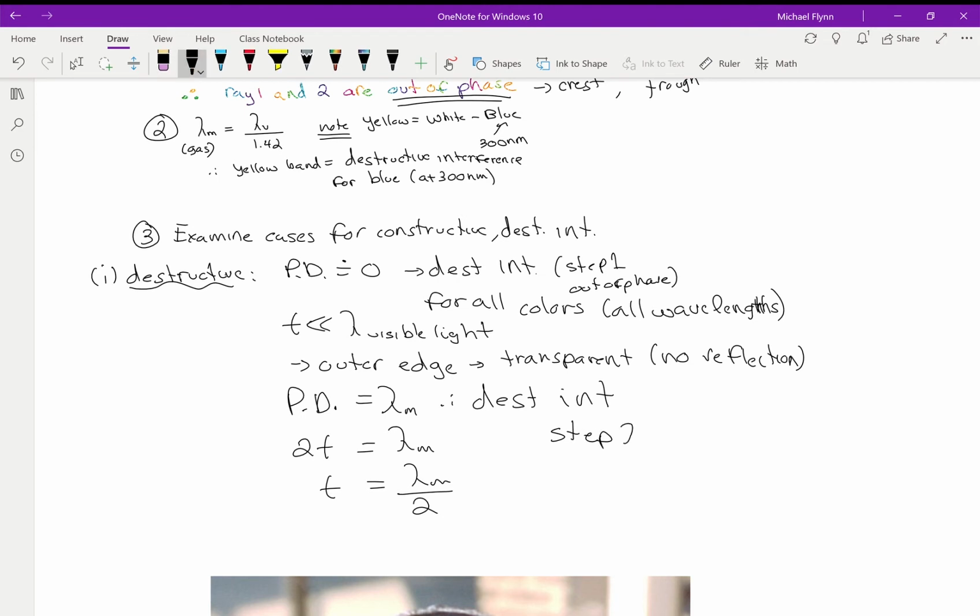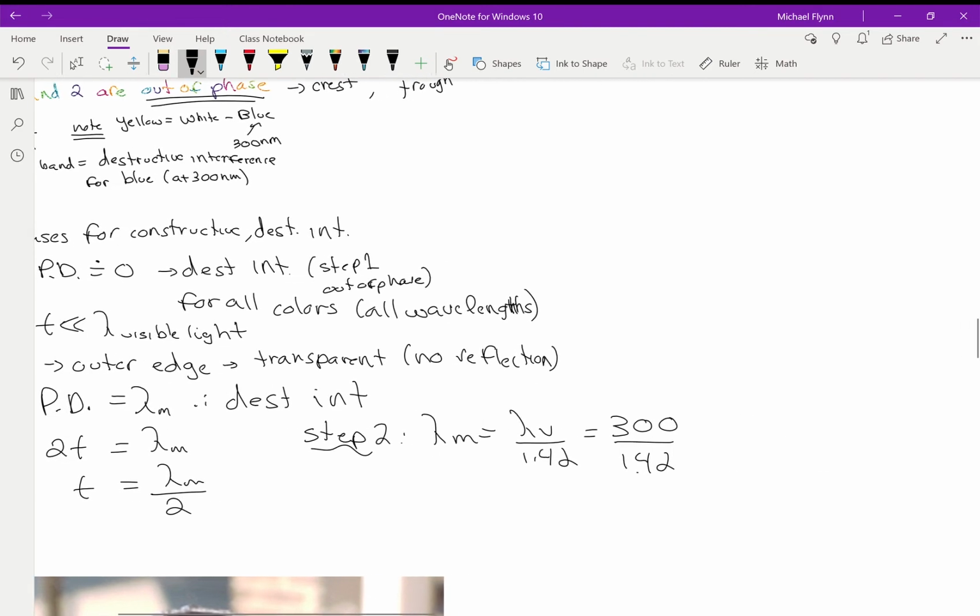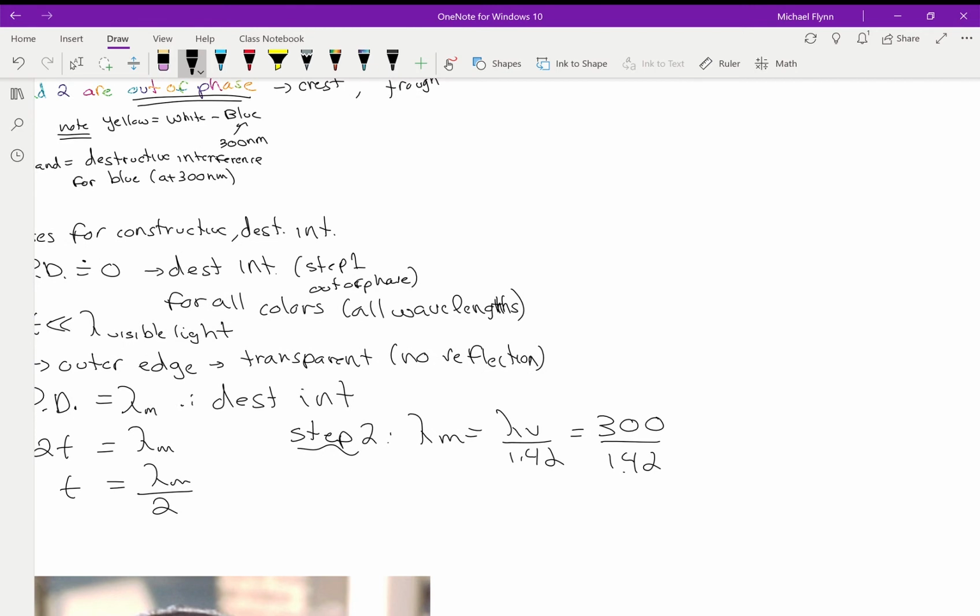From step 2, we have the wavelength in the medium equals the wavelength in the vacuum divided by 1.42. Well, we're looking at blue, so that's 300 nanometers divided by 1.42. Now, by the way, we always quote wavelengths in a vacuum. So when I say blue is 300 nanometers, that means that's what it is in a vacuum.